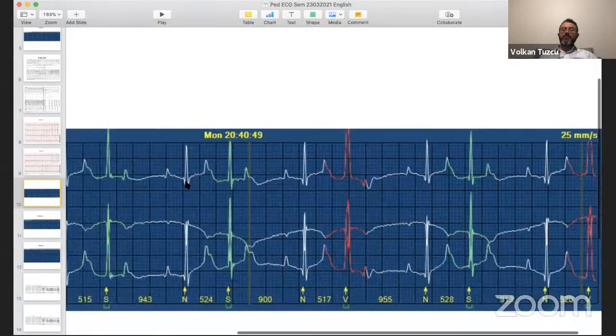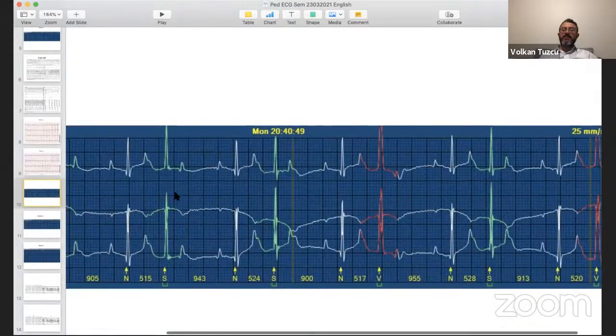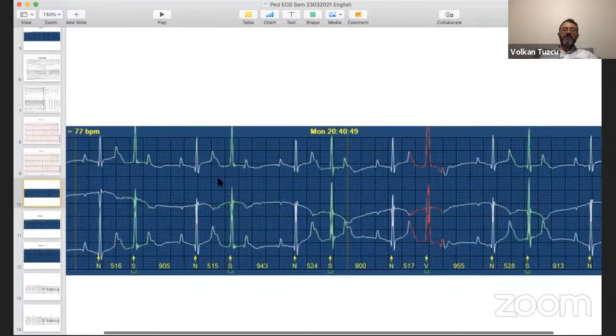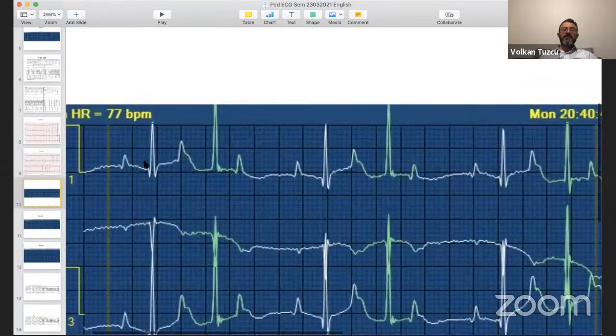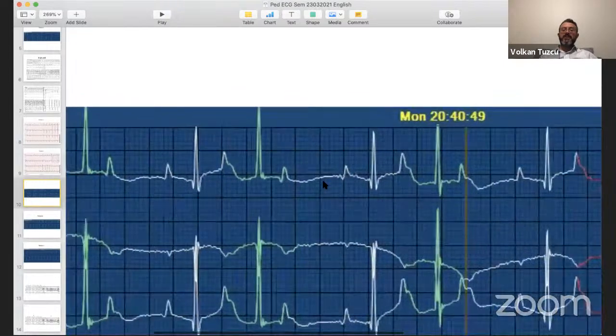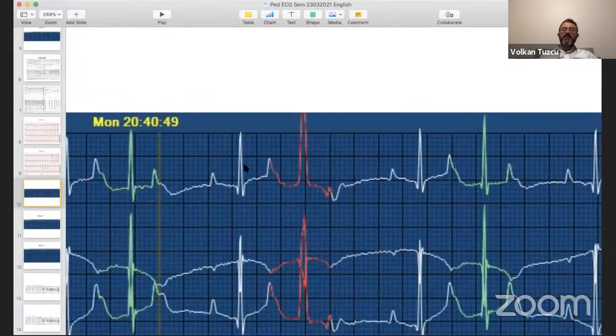It's not Mobitz type 2, therefore. It's Mobitz type 1, right? Because again, it's prolonged PR and one P dropped. So some of you were saying, could it be Mobitz type 2? This is why I made that comment. For Mobitz type 2, the PR would be fixed and one P would be dropping. This PR is much shorter than this one, and that's why it blocks. Here, you don't have this chance.